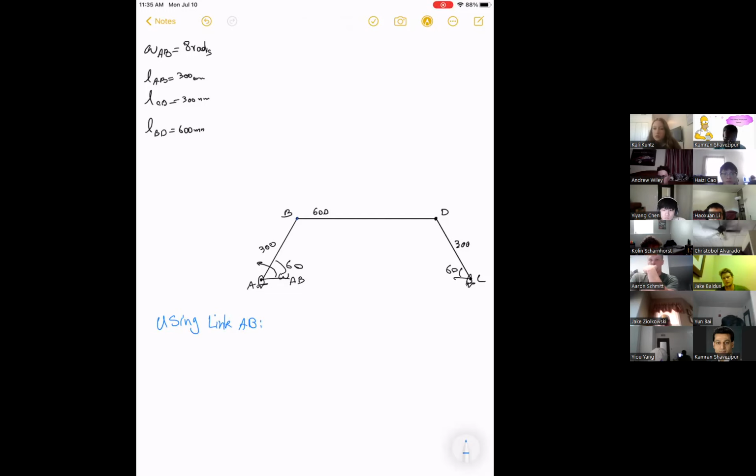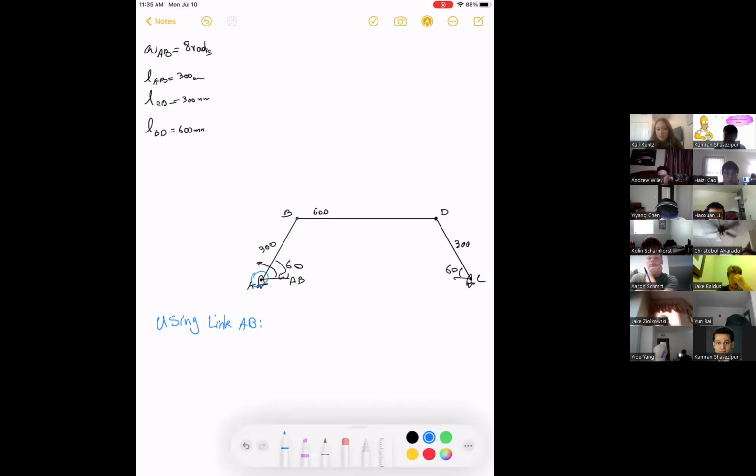What kind of motion link AB has? Pivoting off a single point. Link AB rotates about A, which is like a fixed point, right? So AB has rotational motion, which means B has a circular motion.